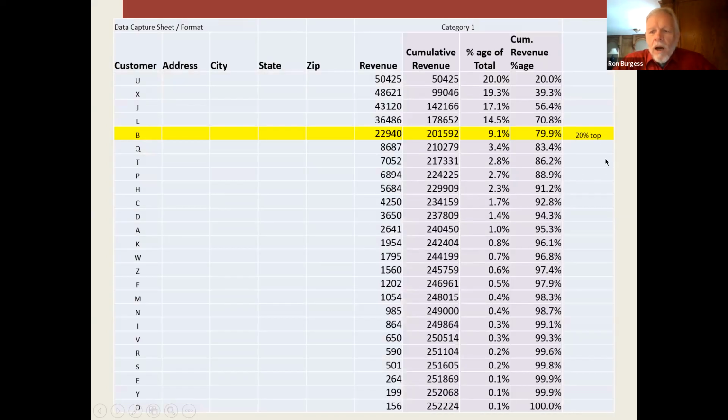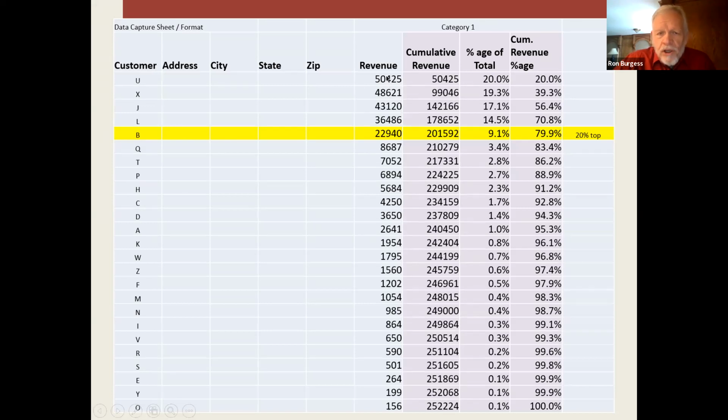So with that in mind, I just wanted to say that we have an extensive review of how to do this in a very early Microgiants meeting. But the way you look at your customers, because a lot of you will want to do this evaluation, is you take each customer, put the revenue in, and accumulate it.